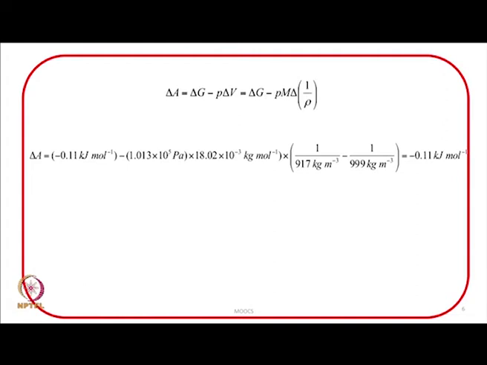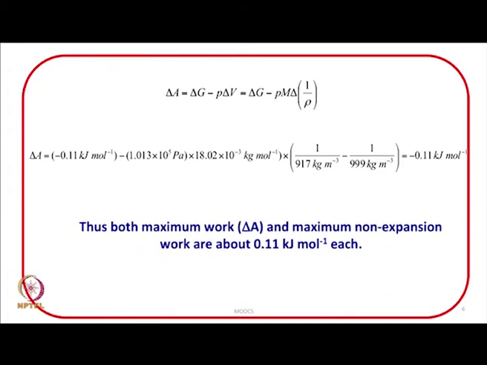So, you see both delta A and delta G are coming out to be minus 0.11 kilojoules per mole. So, therefore, the comment is both maximum work, in terms of delta A, and maximum non-expansion work, which is delta G, are about 0.11 kilojoules per mole each. So, this is the amount of work which is available from freezing of supercooled water at minus 5 degrees Celsius.